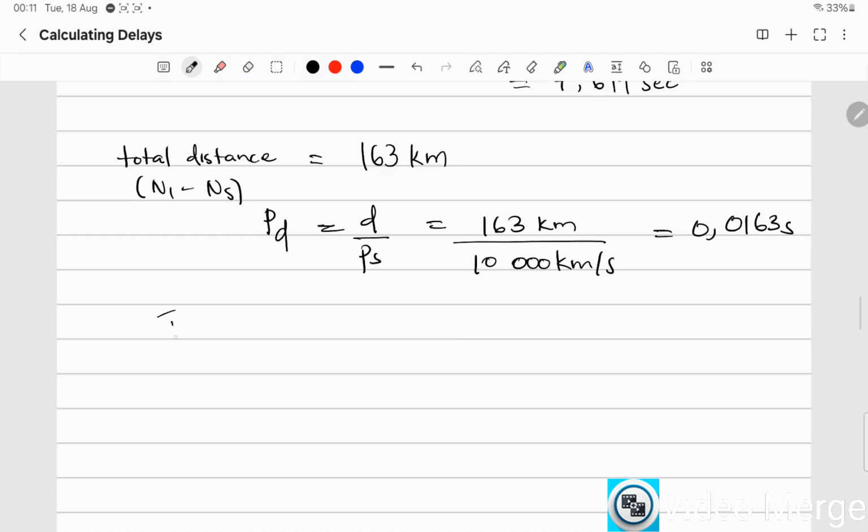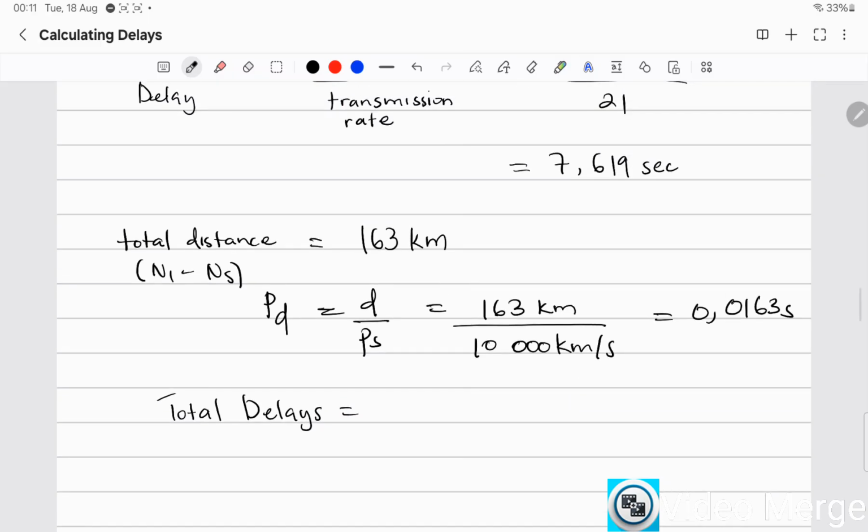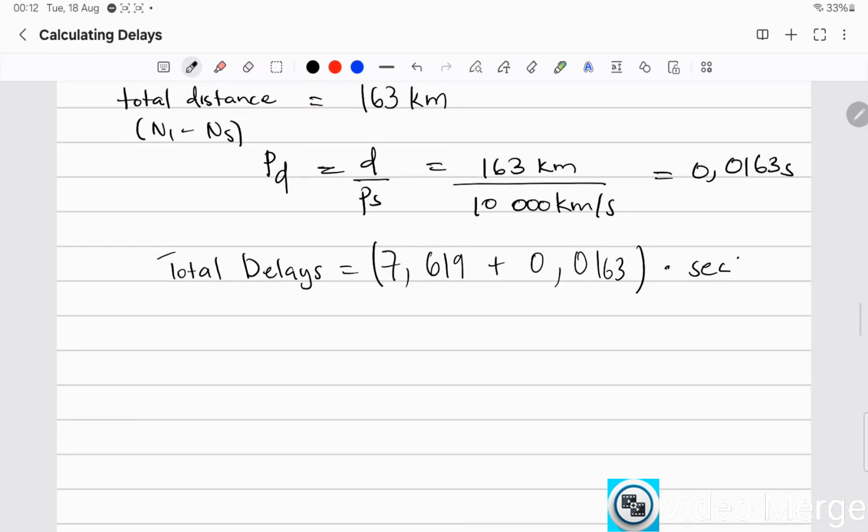Then our total delays are going to be 7.619 seconds plus 0.0163 seconds, which gives 7.6353 seconds.